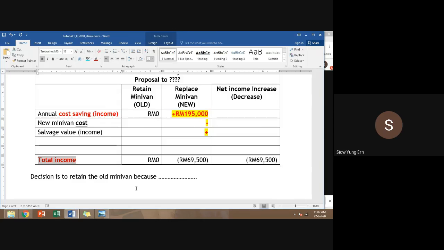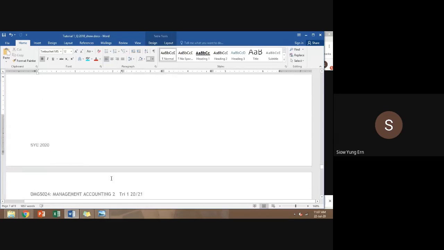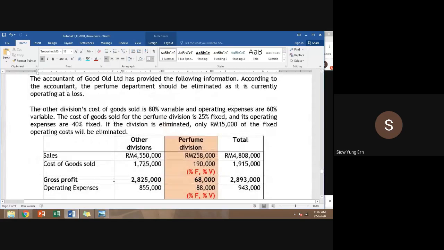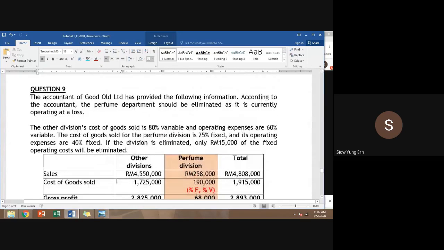So let's continue with question 9 and 10. Let's look at question 9. Question 9 and 10 will be on continue or eliminate.